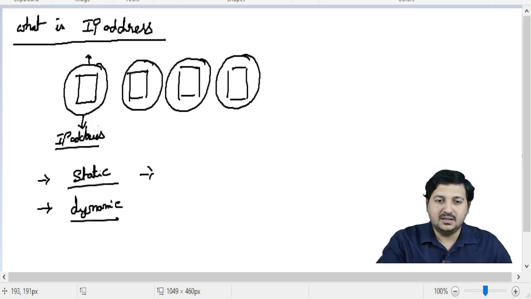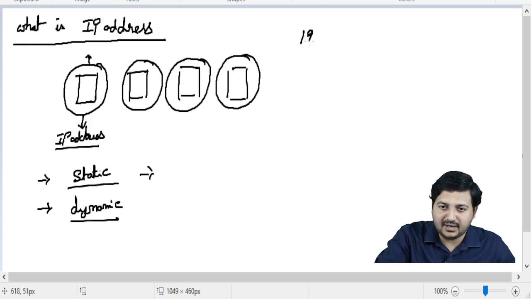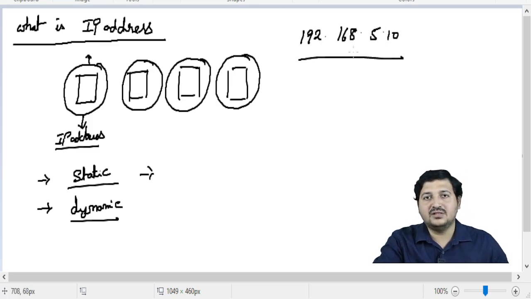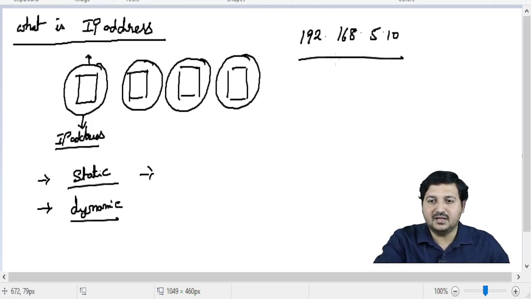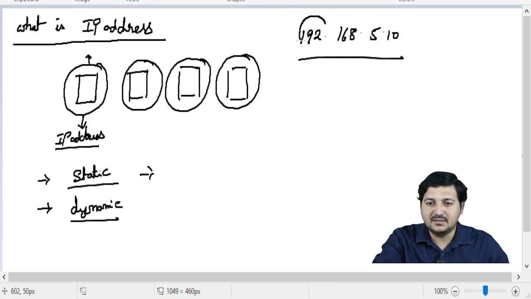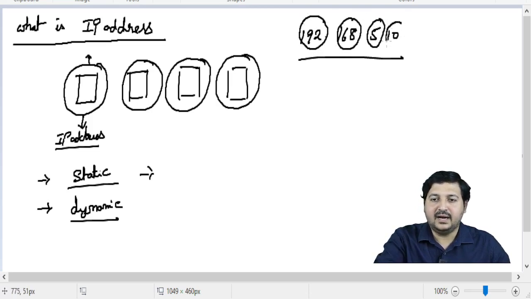Basically, how does this IP address look? It looks in this format, for example, 192.168.5.10. An IP address looks in this specific format: four numbers separated by dots. So what are these numbers? What is the minimum number that we can assign, and what is the maximum number?